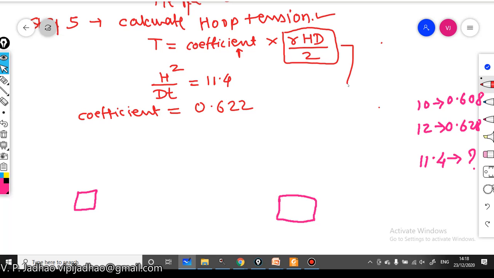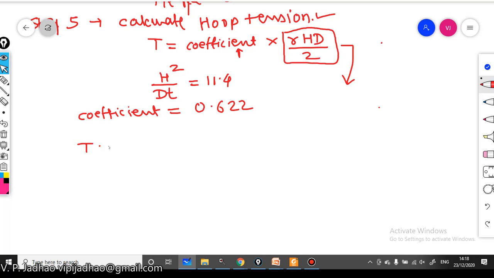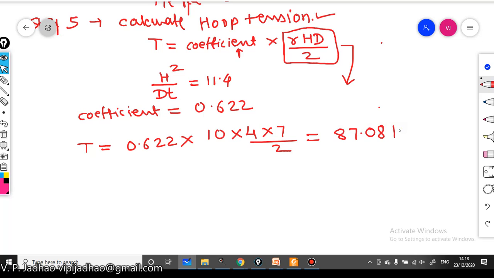Therefore this equation becomes T is equal to 0.622 multiplied by gamma as 10 multiplied by H as 4, multiplied by diameter 7 divided by 2. So we get the value of hoop tension, which is equal to 87.08 kilonewton.